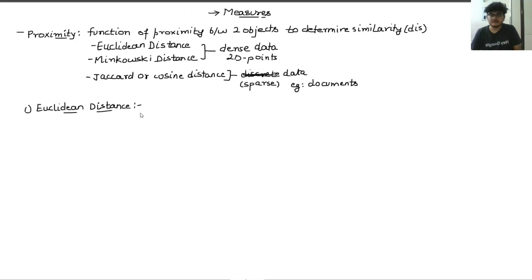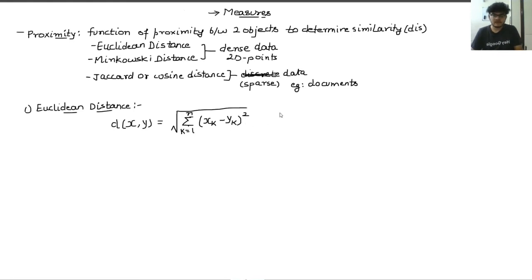So Euclidean distance d is the distance between two data points x and y, which is defined as the square root of the sum, this is the symbol of summation, which goes from k equals 1 till n, of (xk minus yk) raised to the power of 2.